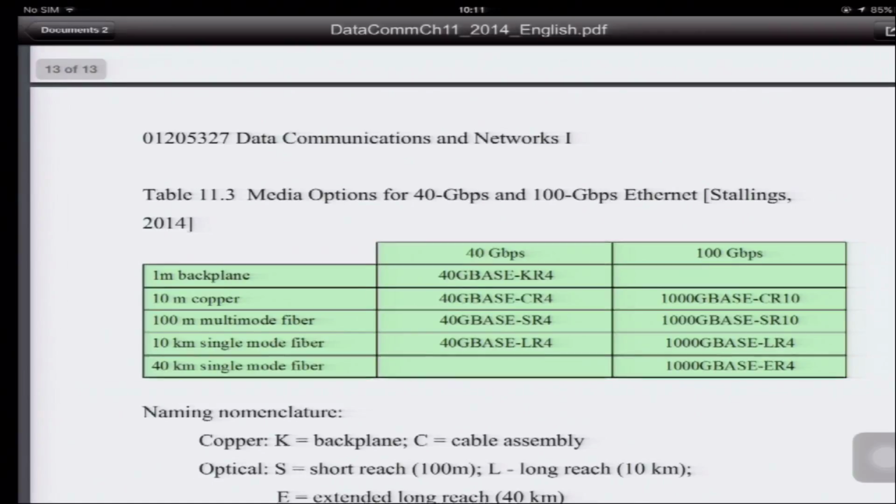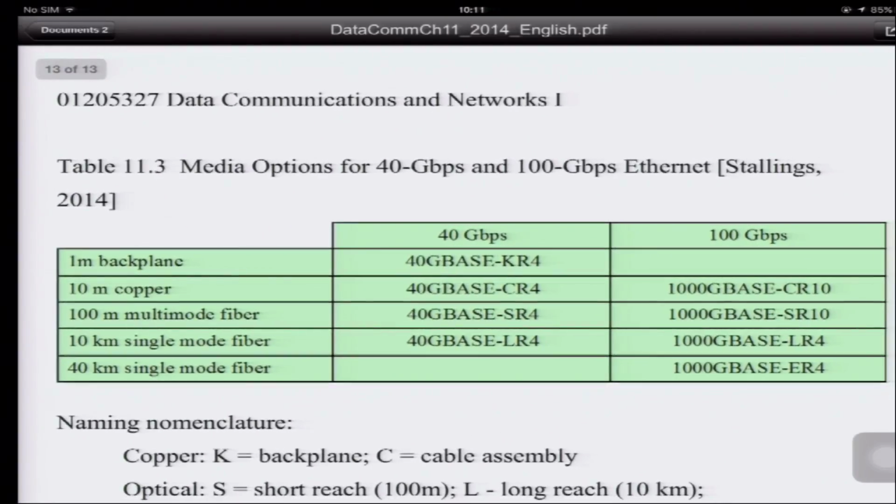Now let's look at the media options for 40 gigabit Ethernet and 100 gigabit Ethernet. You can use copper, multi-mode fiber, or single mode fiber, and you can transmit 1 meter, 10 meters, 100 meters, 10 kilometers, or 40 kilometers. For the 100 gigabit per sec, you can transmit through 40 kilometers with the 1000G, which I think is something wrong here.